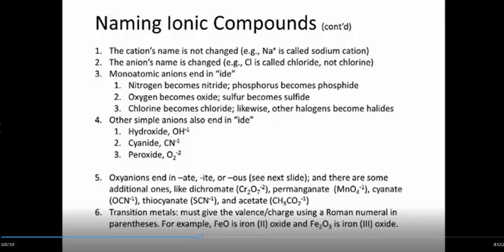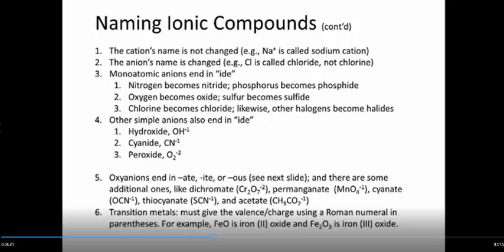Oxyanions. We'll have the whole next slide. We'll talk about oxyanions. They are a little bit more complicated, and we just have to learn the oxyanions. They will end in ate, ite, and there are some additional ones, besides the ones I show in the next slide, such as dichromate, Cr2O7-2. See, it can get a little complicated. Permanganate, MnO4-1. Cyanate, OCN-1.